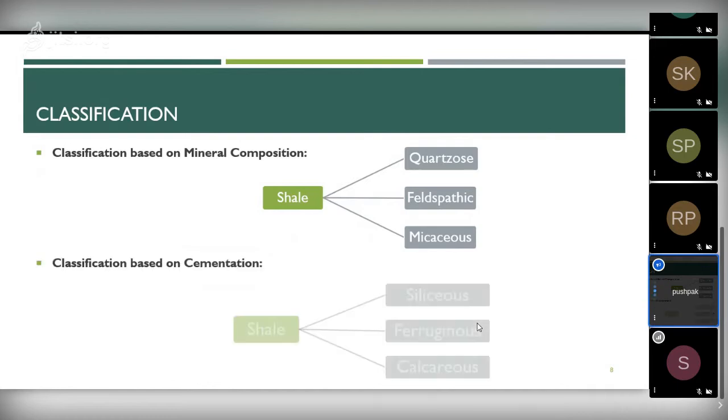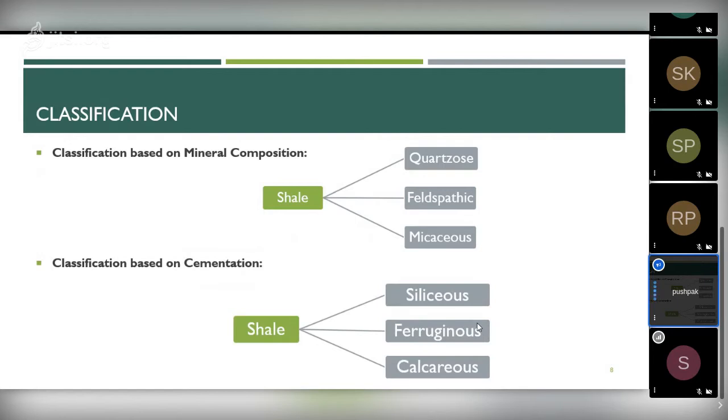Third, classification is based on cementation. Shales, like other sedimentary rocks, are cemented by some minerals or elements after deposition and compaction. The dominant type of cementing material may be used in the classification of the shale. The common cementing materials are silica, iron oxide, and calcite.